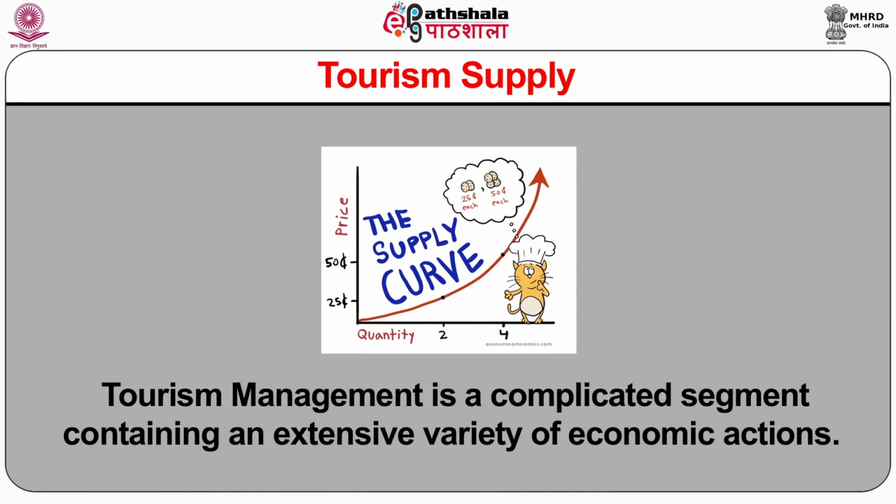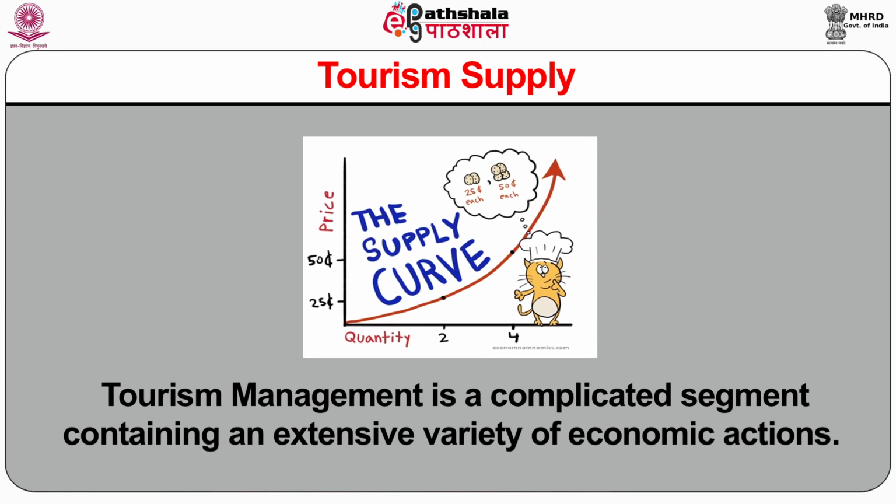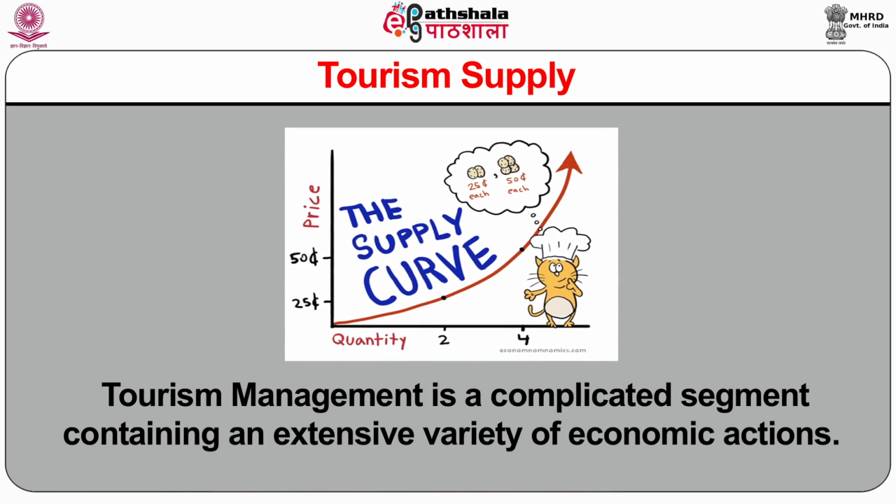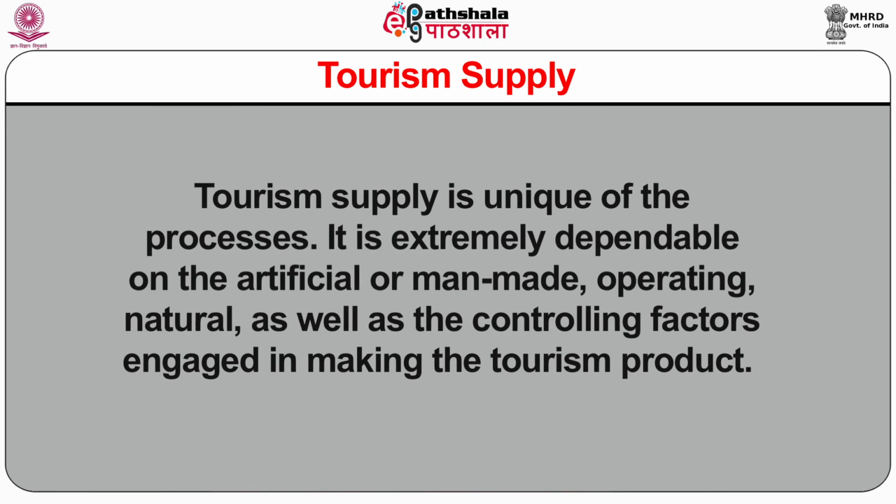Tourism management is a complicated segment containing an extensive variety of economic actions. Tourism supply is unique among the processes. It is extremely dependent on the artificial or man-made, operating, natural as well as the controlling factors engaged in making the tourism product.